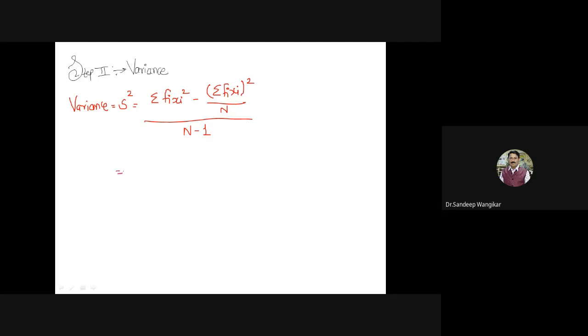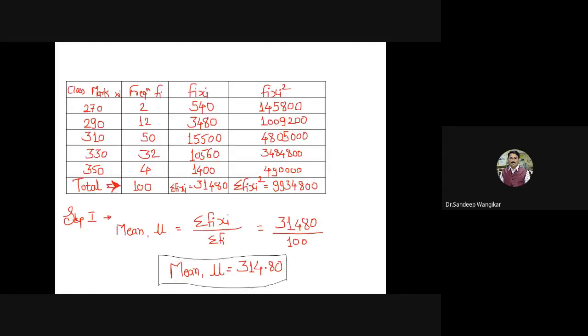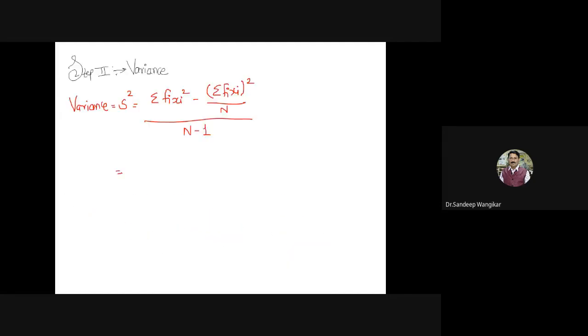So I will substitute the values for your understanding. Summation fi xi square, our value is 9934800, minus summation fi xi, 31480.